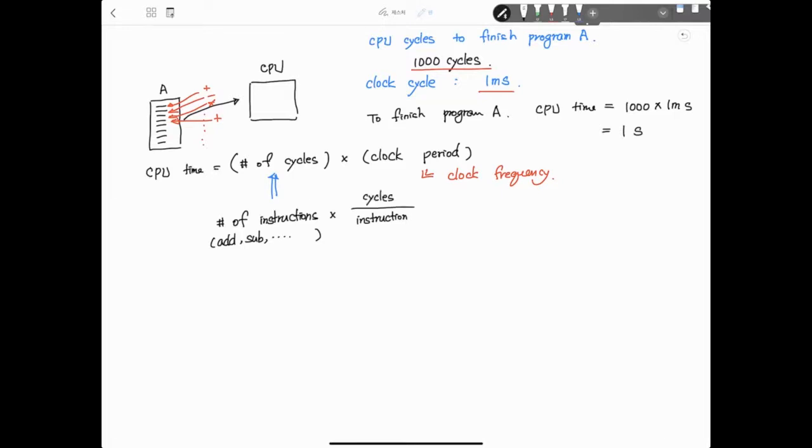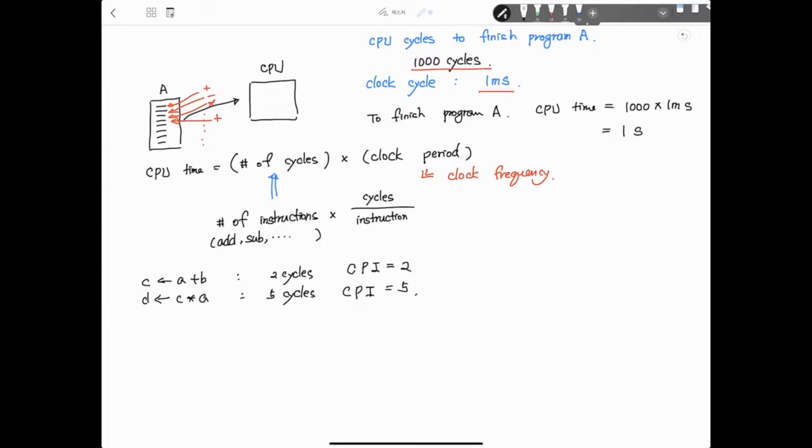For instance, to execute one addition, like A plus B equals C, we need 2 cycles. Or D equals C multiplied by A takes 5 cycles, for instance. So in this case, the cycles per instruction is 2 for the first and 5 for the second.